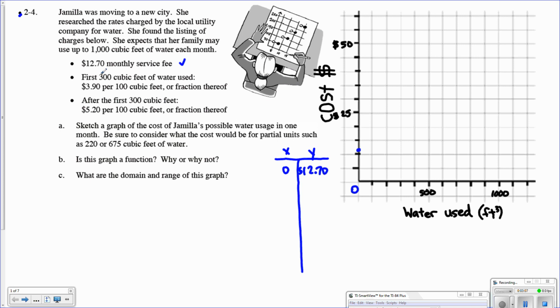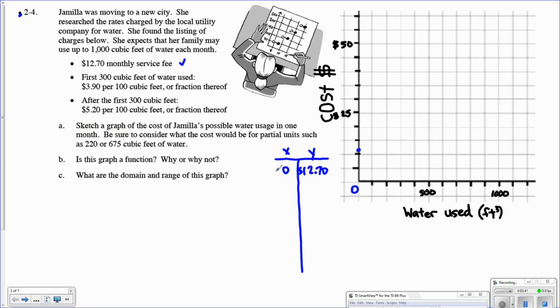Now it says for up to the first 300 cubic feet of water used, they're going to be paying $3.90 for each 100 cubic feet, or fraction thereof. That means if they even use just the littlest bit, if they go over, then they have to pay the next rate there. So if they use 0, they'd be at $12.70, but any fraction of a cubic foot that they use beyond that is going to cost them $3.90.